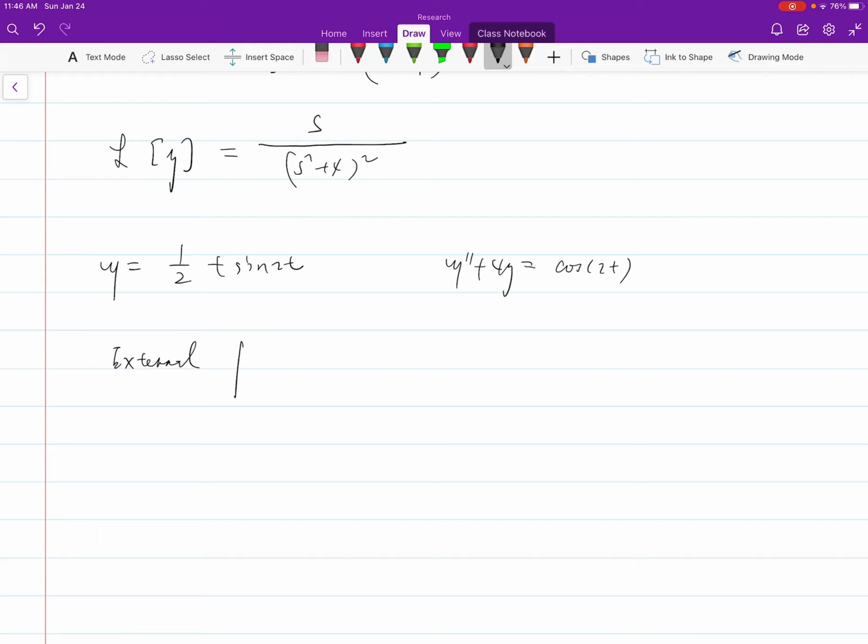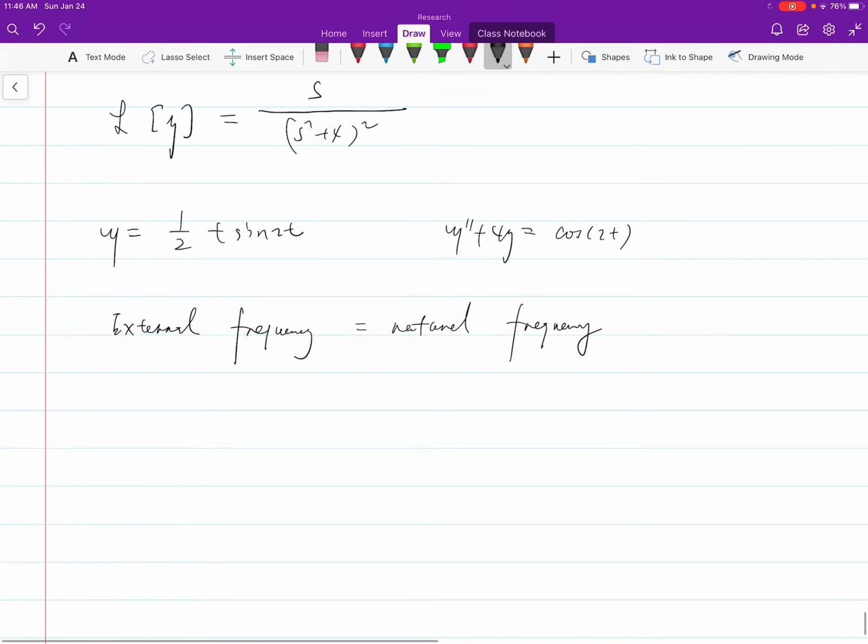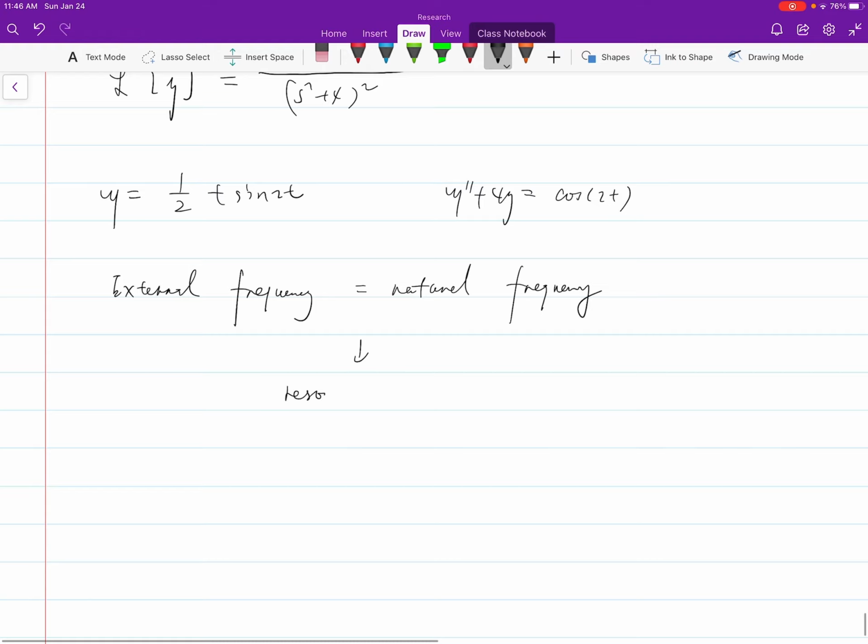It's going to be t times sine 2t. We call this effect resonance.